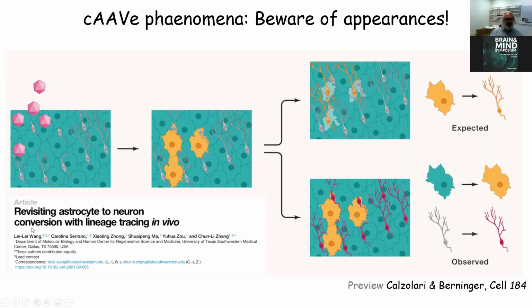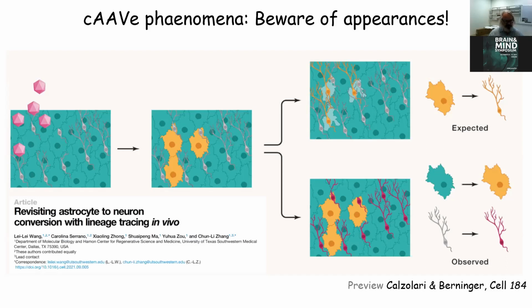If you're interested in this problem, I want to highlight this recent publication from our colleague Chun-Li Zhang from the University of Texas Southwestern. And I think this is a very important study because it sort of resets us a little bit back to the stage where we understand that cell identity is not that easily dealt with.